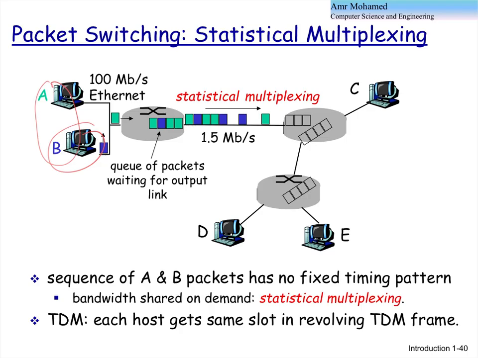Okay. The sequence of A and B packets has no fixed time pattern, in which case I don't use TDM or FDM. I don't need to do this. There's no dedicated circuit. I multiplex the packets in any way that I see appropriate. Usually we multiplex the packets on the shared medium and store the packets in the router using store and forward and process packet by packet.